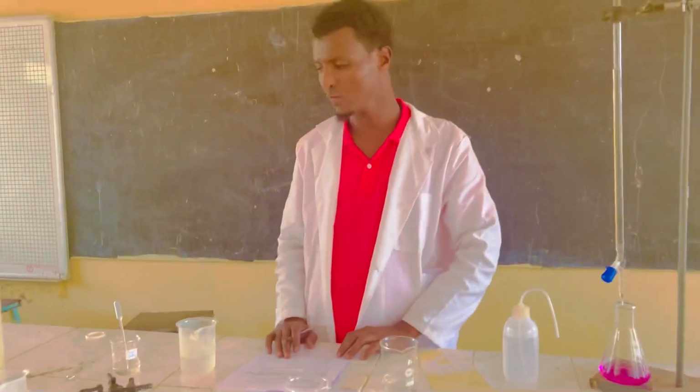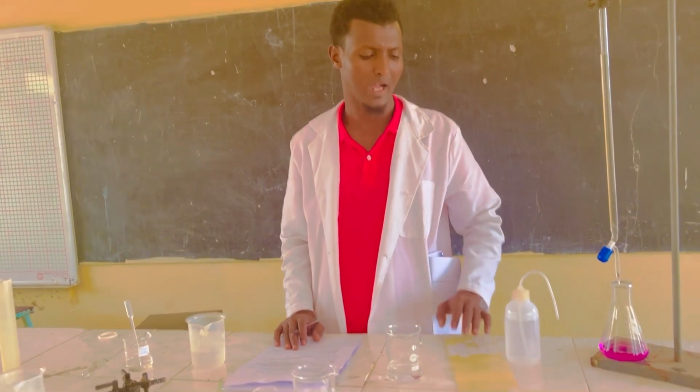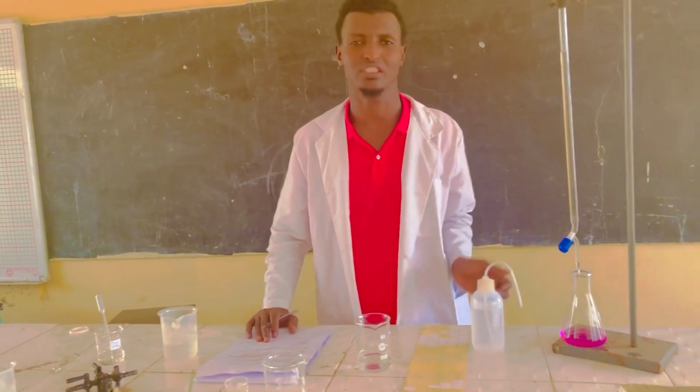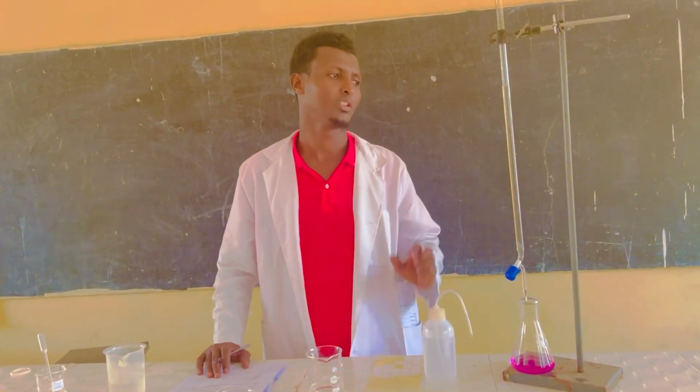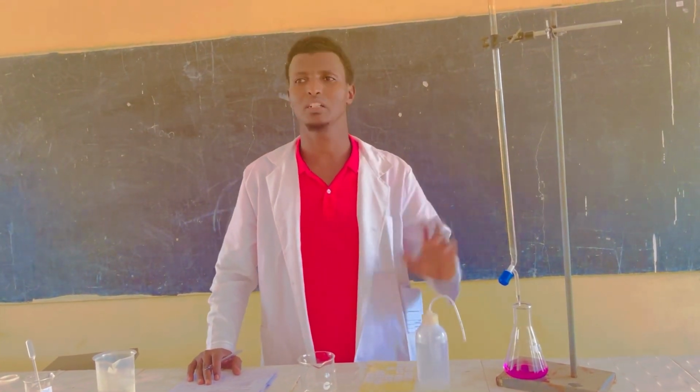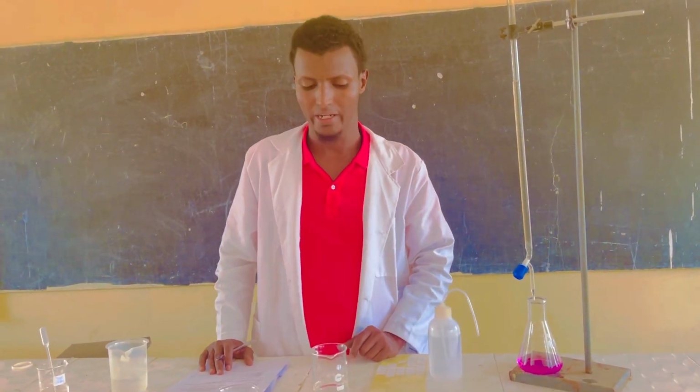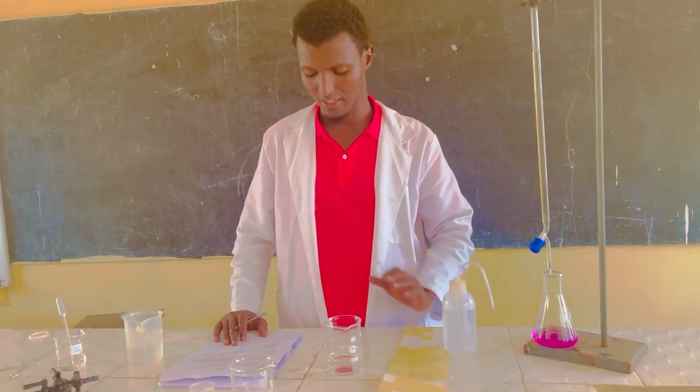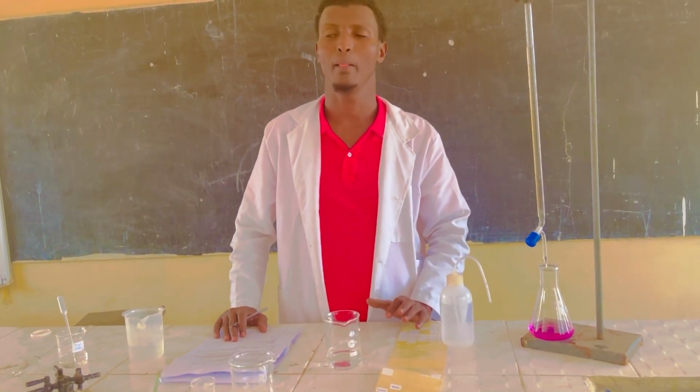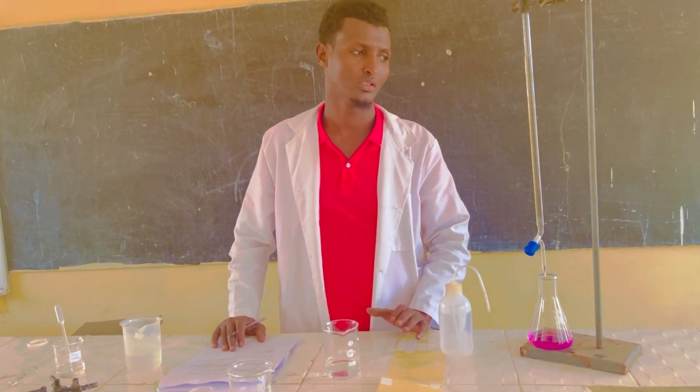So that's how I have done my titration for the first one. If you do the first one, you can try and repeat the second one, third one, then you can go on. And from there, I have done my titration. So that is it.